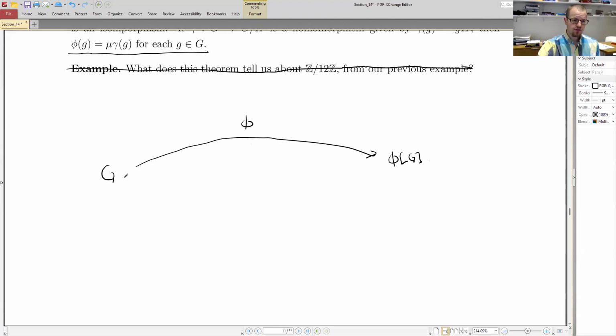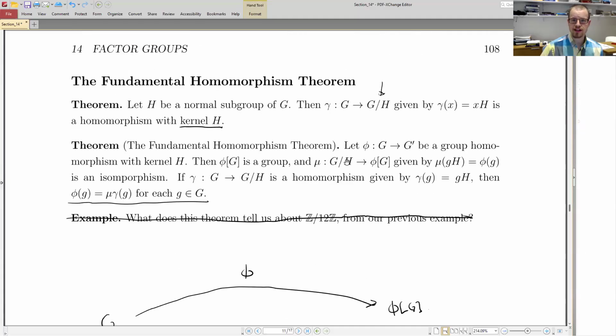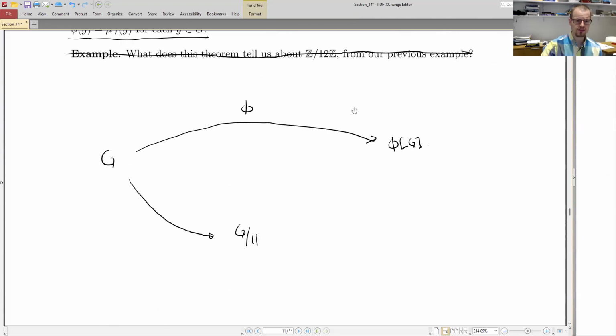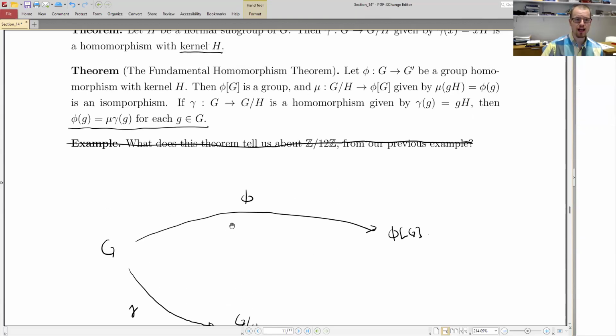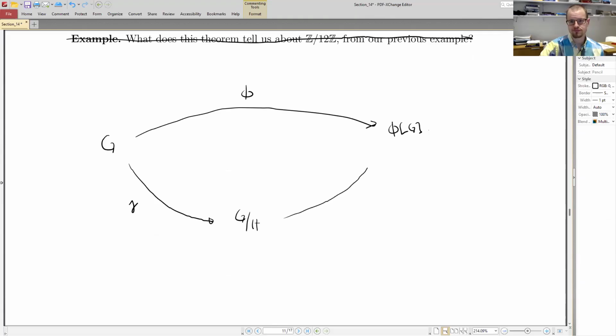But what I can do is move from G actually into G mod H. And what function did that? Well, moving from G to G mod H is the gamma function. And then we can move from G mod H into phi of G by the function mu. That's the function mu.